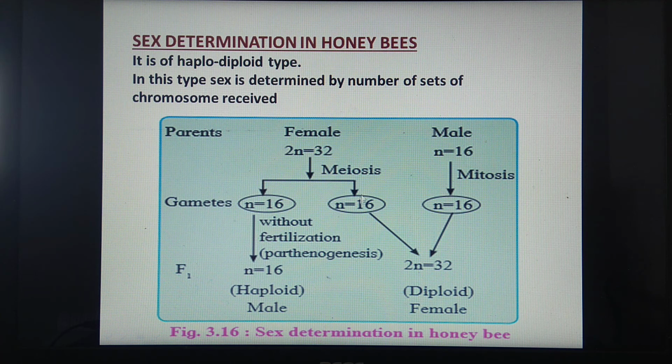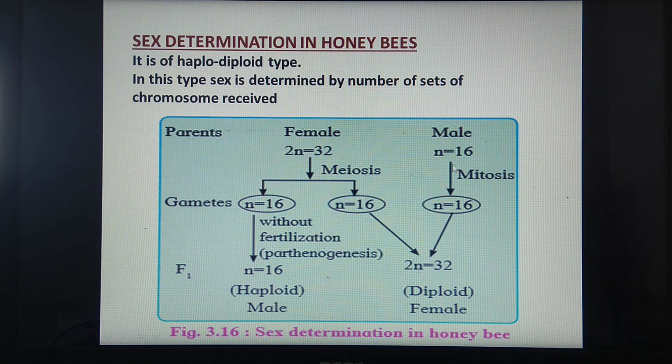Why is it so? Because of meiosis, this 32 is reduced to half and the gametes formed consist of 16 chromosomes. So here these 2 gametes are formed. We can say that these 2 ovum are produced from this female.